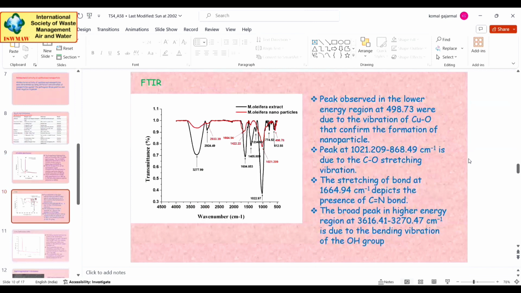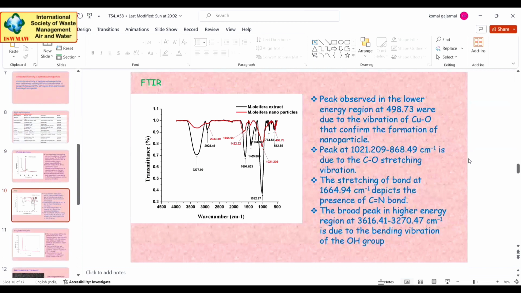Here the result of FTIR. The peak observed in the lower energy region at 498.73 is due to the vibration of copper and oxygen, which confirms the formation of nanoparticles, while the peak region at 1021 to 868 is due to the stretching of carbon and oxygen vibration, while the band observed at 1664 shows the presence of a carbon-nitrogen bond.